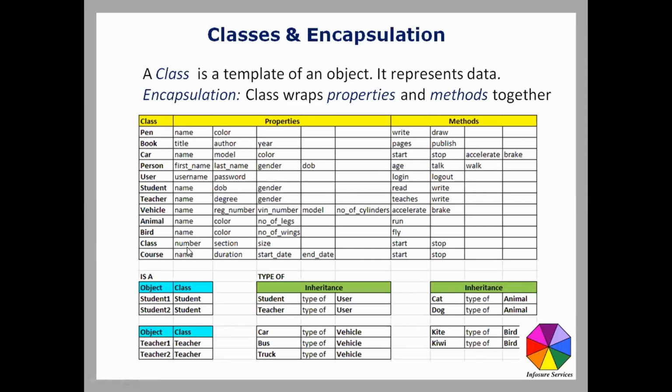A specific class has a number, section, size. You could pretty much define anything inside properties. And again, you can define your own method. So is this clear so far? Sriram? Yes. Oh, very good.